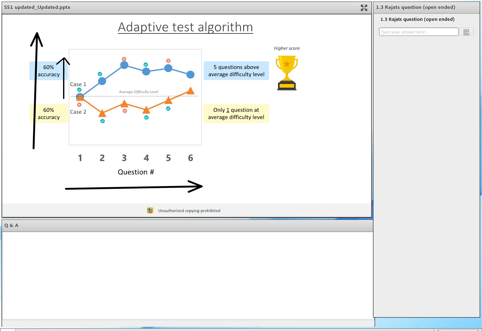So in a sense, what this question picker is trying to do is hit what we call a local maxima of your accuracy. Why? Because by reducing the difficulty level of questions, it's trying to increase your accuracy. Can you see that?